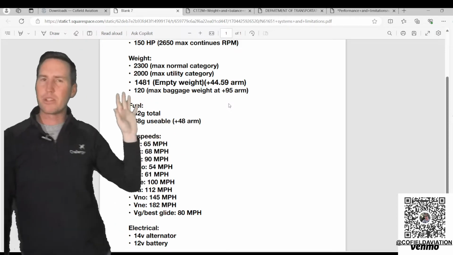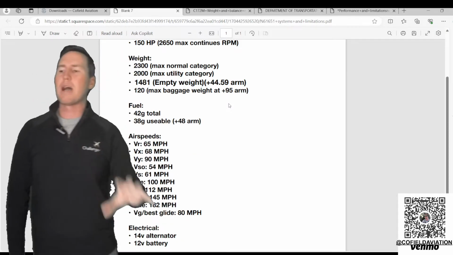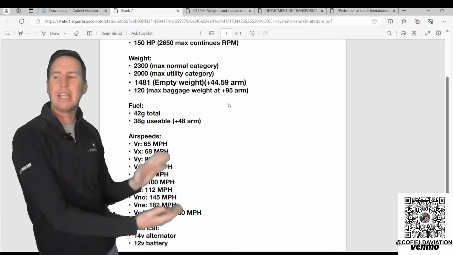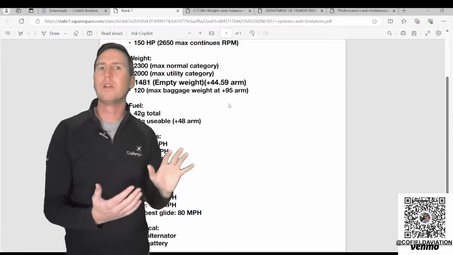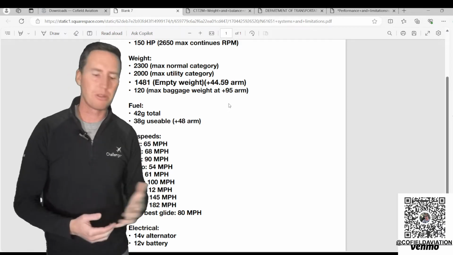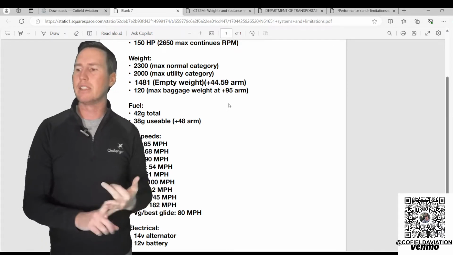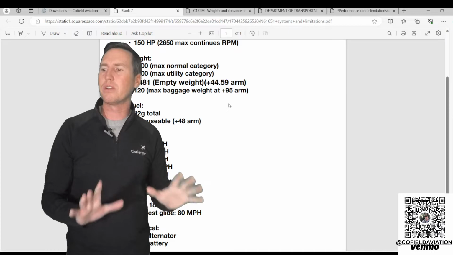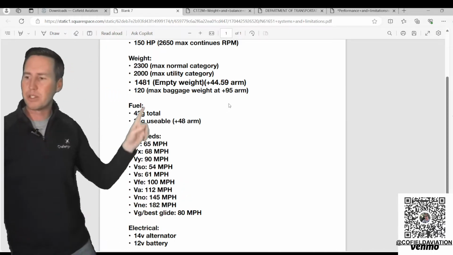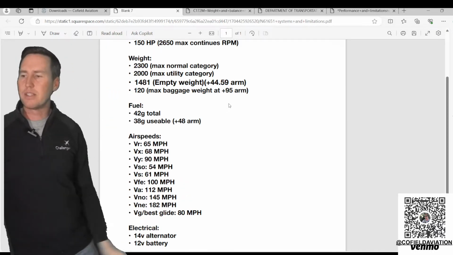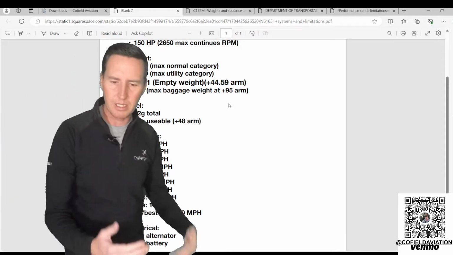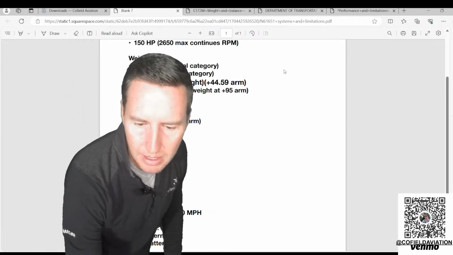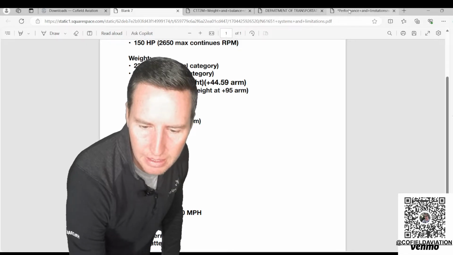Okay, so I'm just showing you where I'm coming up with those numbers in that box, because it's important for you to know where that comes from. Between the weight and balance manual and the type certificate data sheet, that's where those numbers come from. And I've just made this systems and limitations sheet basically a carbon copy of the type certificate data sheet.